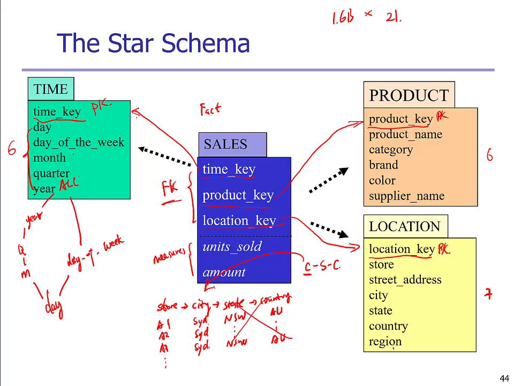But if we use this star schema, for the fact table, we have 1.6 billion transactions, but we only have 5 attributes, 5 columns here. Not to mention, storing a key should take much less space than storing a string, for example a product name or a street address, but we ignore that.